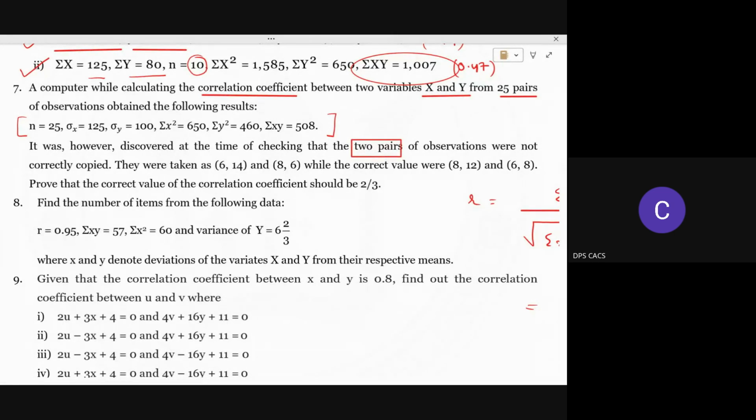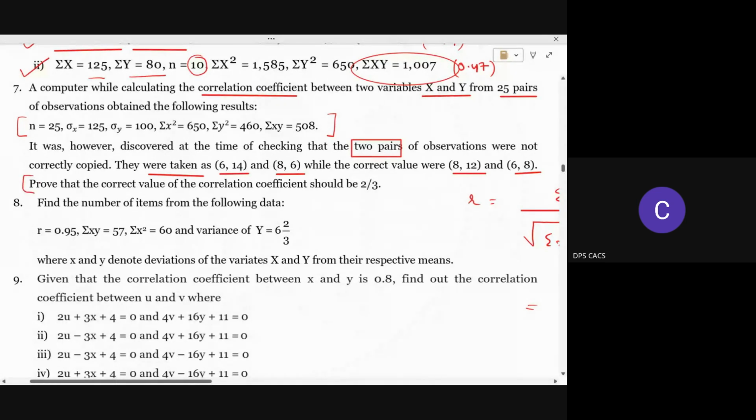Two pairs means two values of x column and two values of y column. There was a mistake. They were taken as 6 and 14, while correct figure was 8 and 12, and they were taken as 8 and 6, while correct figure was 6 and 8. So these are the mistakes that I need to correct.